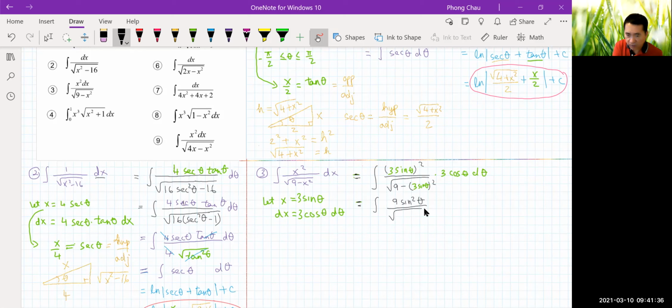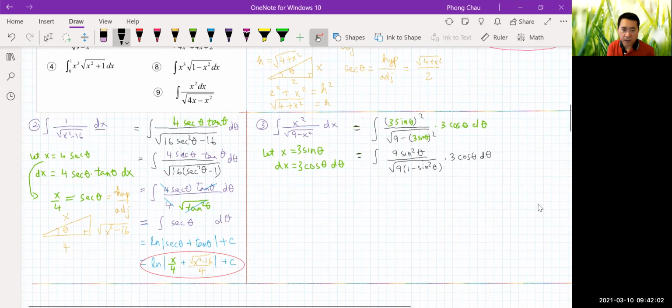Don't forget that. And then take out 9, it's 9 times 1 minus sine squared on the bottom. Then you times 3 cosine of theta d theta.